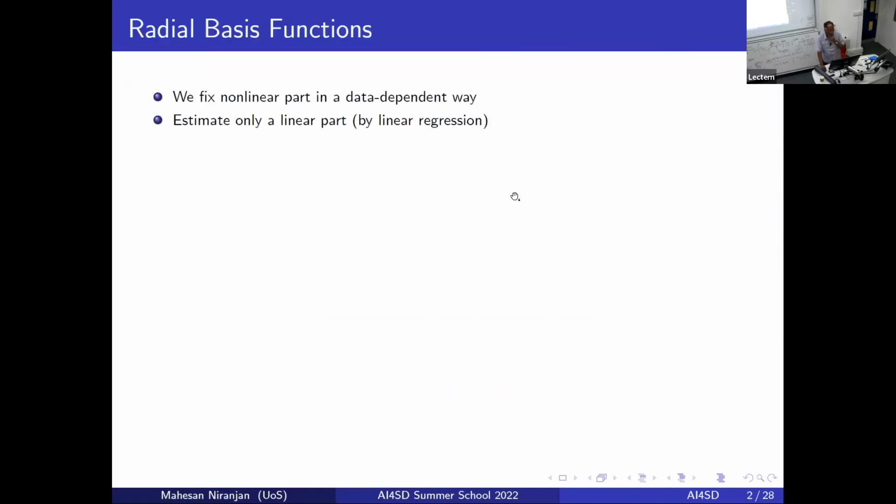We fix a nonlinear part in a data-dependent way. Fourier transforms is not data-dependent. It has a frequency and harmonics, sinusoids. But we can find a nonlinear transform, and then we can write a model of this form. The model says some function that I want to have, which is my regression, which is going to give me my targets, is going to be obtained by a weighted sum of m basis functions.